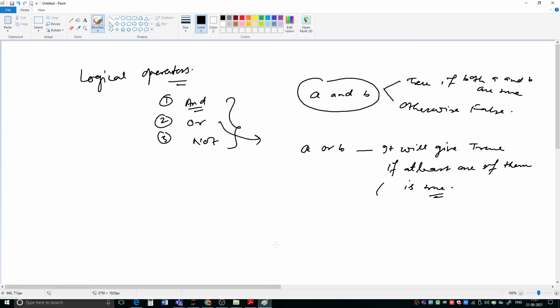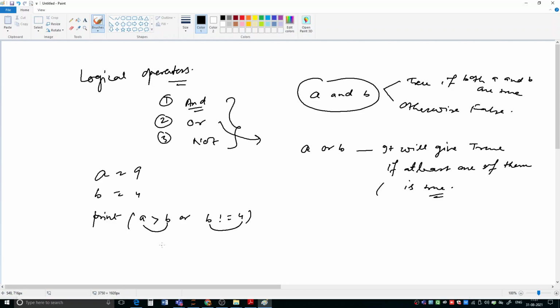So how is it working? Let me explain here. I have taken two variables, A with value 9 and B with value 4. The statement we have written is print A is greater than B or B is not equal to 4. Here you see this one and this one.